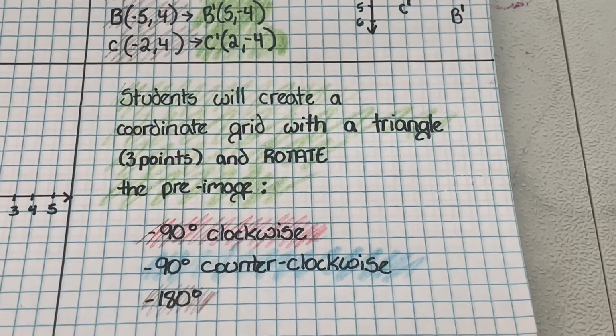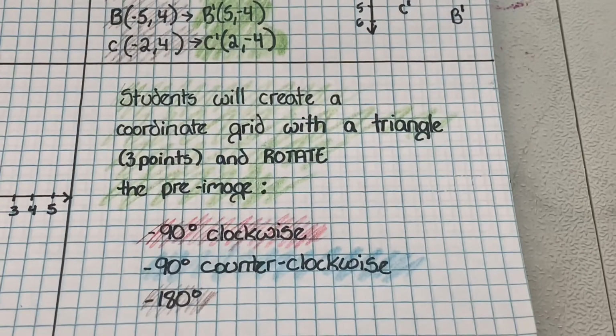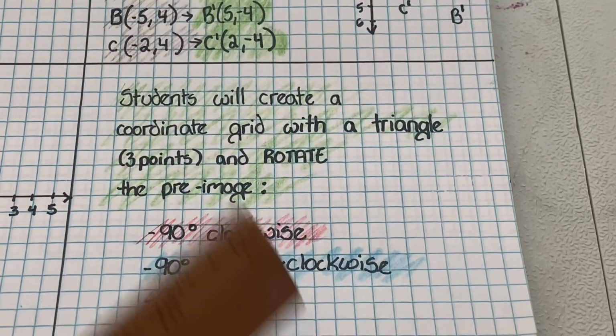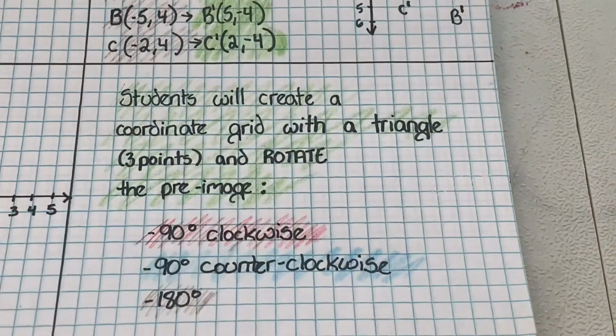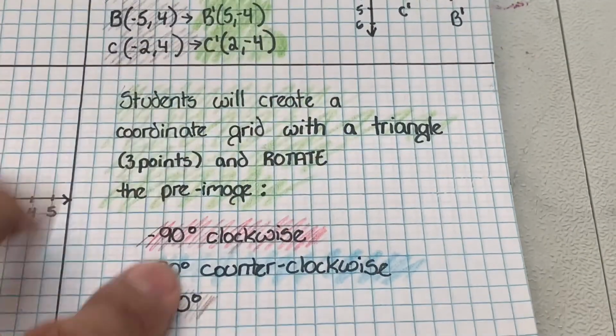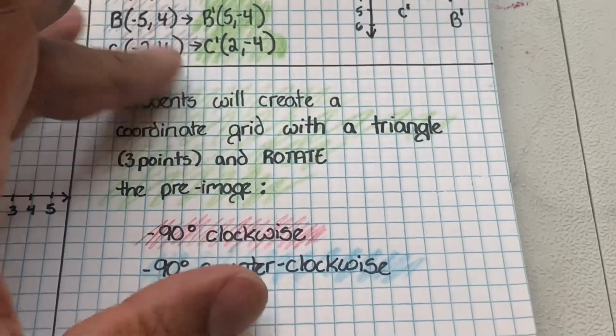All right, you've come to the end of the video. If you didn't understand anything, I want you to go back and watch it again as many times as you need. Pause the video and practice before you do this last part, okay? This last part, I want you to create a coordinate grid. So you're gonna take your ruler and draw your own coordinate grid. In this section, you don't have to copy, you're gonna just do it, okay?